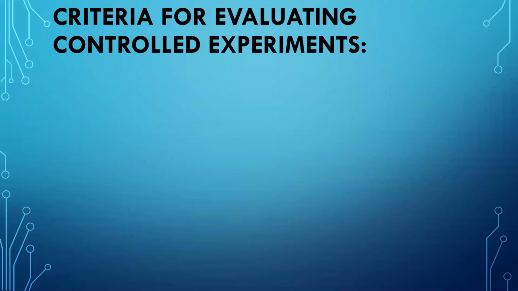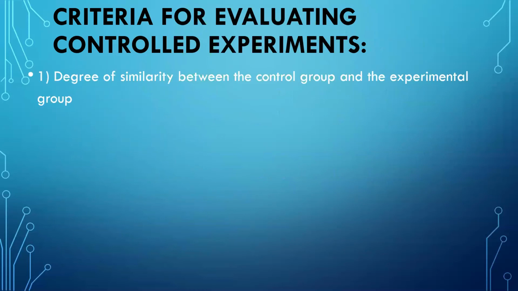Now, for all three of the types of controlled experiments that we've considered, there are criteria to evaluate them. Some of these apply more closely to the randomized studies than the other groups, but we've mentioned control groups and experimental groups in all three of these, and so the degree of similarity between those two groups is going to be very relevant for evaluating the controlled experiment.